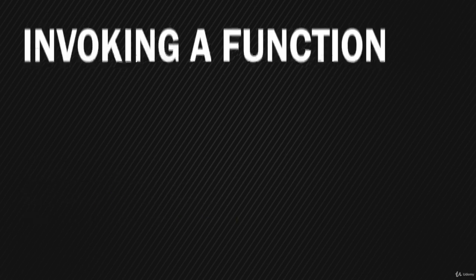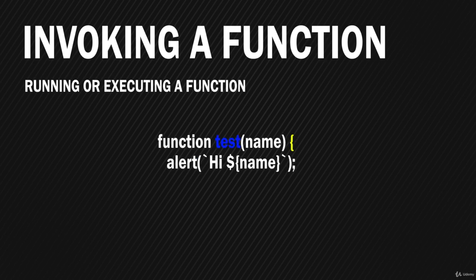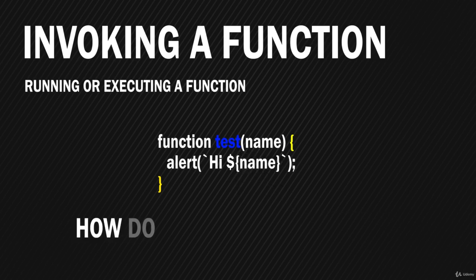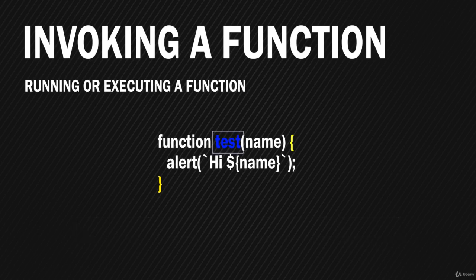So as I mentioned, invoking a function just means running it or executing it. Let's look at our function again, function test, where we just alert hi name. To remind you, test is just a custom name we gave to our function. We can call it whatever we want. And how do we run this function? Well, we take our name, in this case test. All we do is we follow it by parentheses.